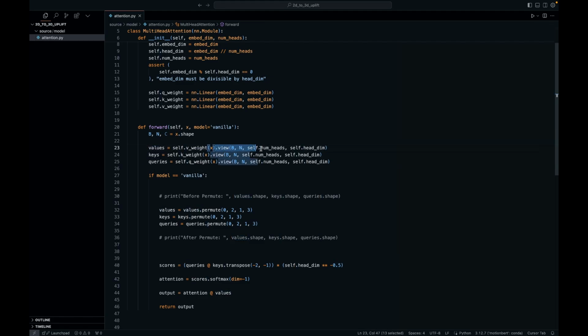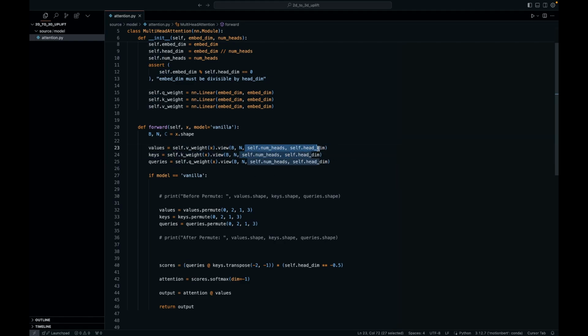But there is one thing that we need to do, which is to transform it into something multiplicable. So we are viewing the matrix as batch size, length, and then we are dividing the channel dimension into the number of heads and the head dimension.